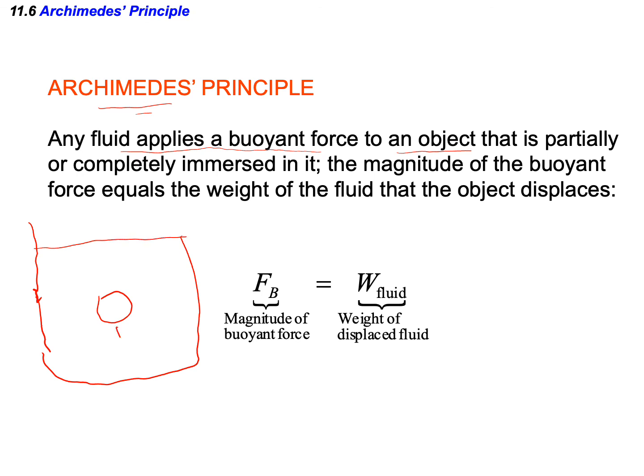The buoyancy force acting on the body from the fluid, B is used for buoyant, is equal to mg, which is the weight of the fluid displaced. So the magnitude of this force is equal to the weight of the fluid that is displaced. The weight of the fluid displaced is the same as the buoyancy force.